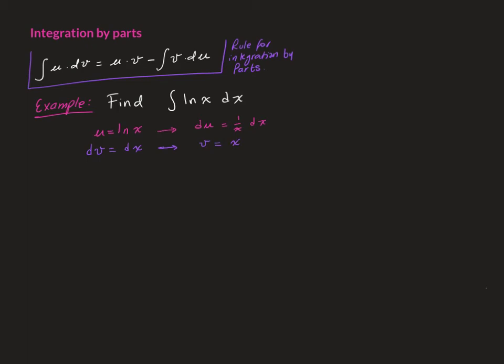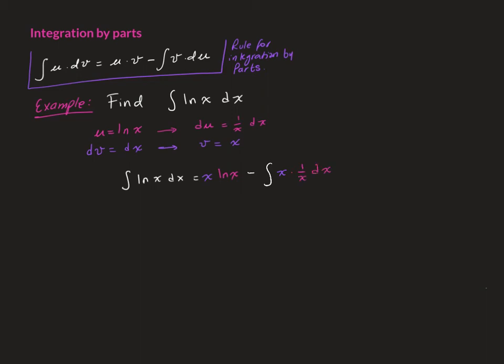Now with these two functions in mind, I will calculate the integral of ln x with respect to x. It's going to be u times v, so ln x times x, minus the integral of v du. So that is x times 1 over x dx.